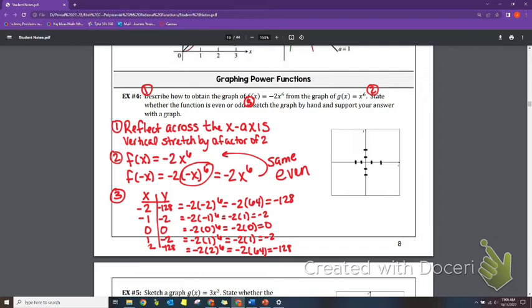All right, so I can't do negative 2, negative 128, negative 1, negative 2, 0, 0, 1, negative 2, and I can't do the 2, negative 128, but since I know that at 2 and negative 2, it's all the way down at negative 128, I know it's going down really fast. So this is decreasing very quickly here. All right, and so there's a picture of our graph.